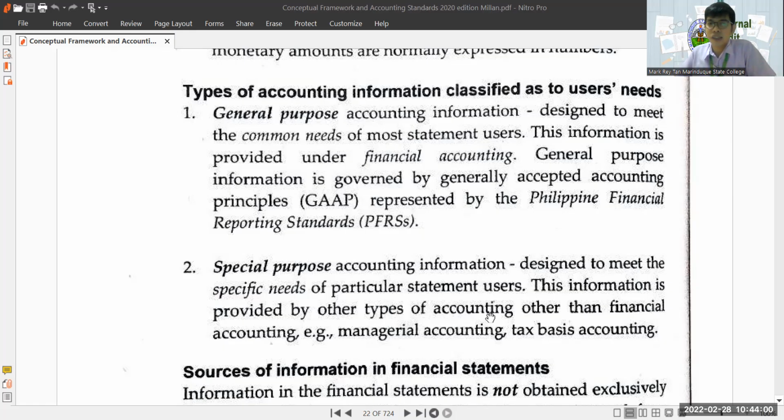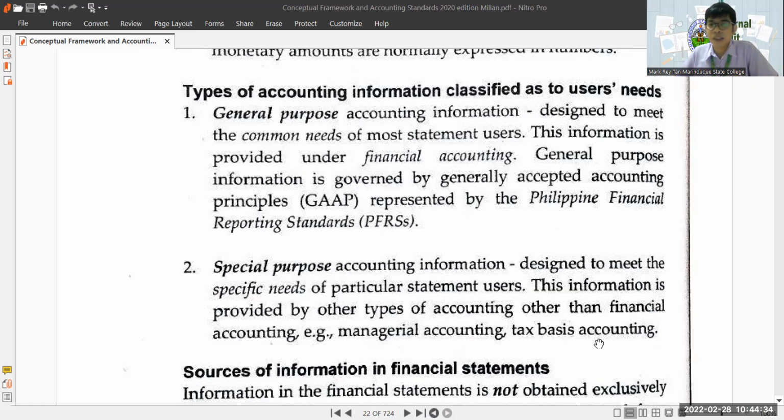So ano yun? Ano yung mga common example? This information is provided by other types of accounting other than financial accounting. So we have here the managerial accounting, tax basis accounting. So ito naman yung other subjects under the other specialization under the umbrella of accounting na dini-discuss. So sino ang mga users ng mga to? So when we say managerial accounting, so the user here is the management of the entity.